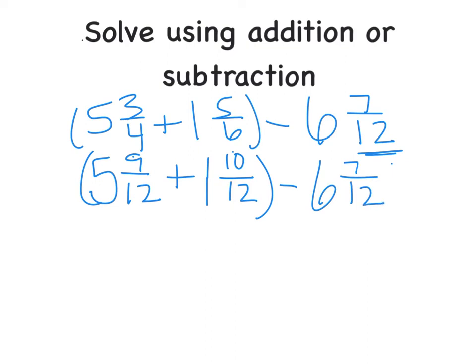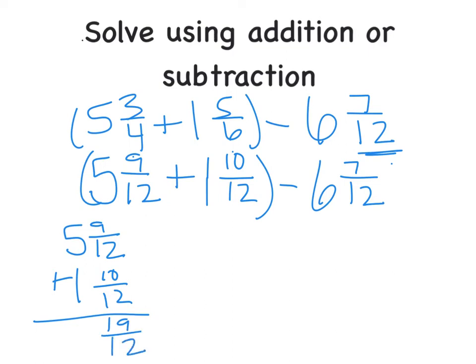I need to first do what's in parentheses, so off to the side I'm going to add my 2 numbers together. 9/12 plus 10/12 is 19/12. 5 plus 1 is 6. 19/12 is 12/12, or 1 whole, and then it would take me 7 more 12ths to get up to 19/12.